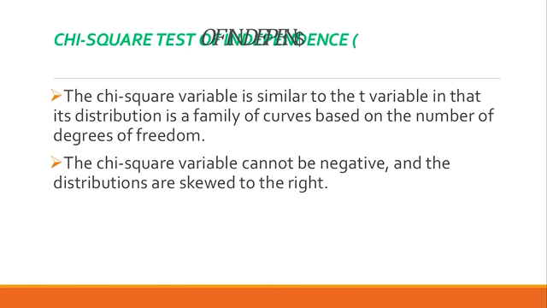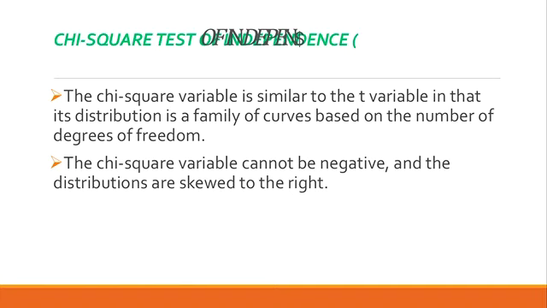So the first one is the chi-square test of independence, so the symbol used for the chi-square is the Greek letter chi that looks like a letter X. When we speak of the chi-square distribution, it is similar to the t distribution because it also belongs to the family of curves, and it is also characterized by a unique number known as the degrees of freedom.